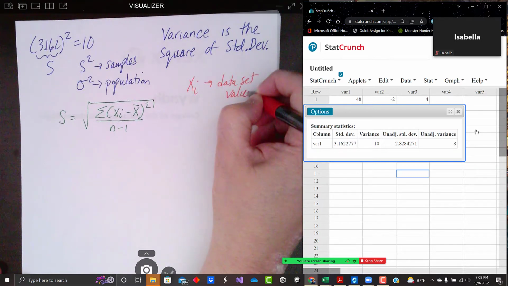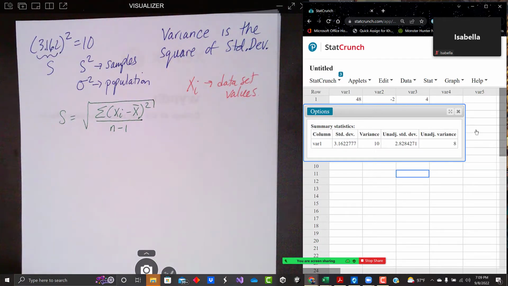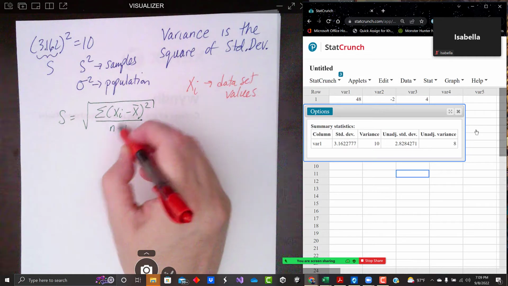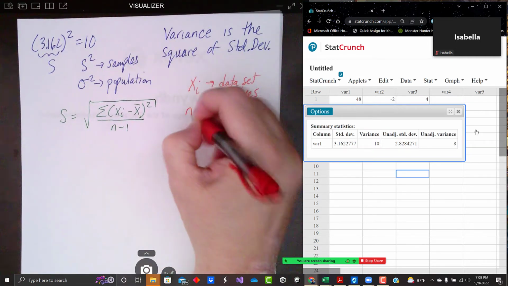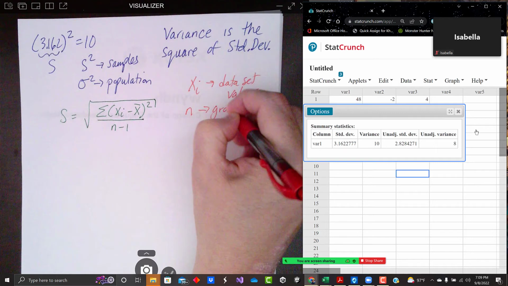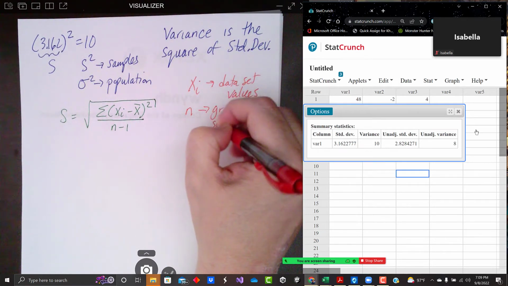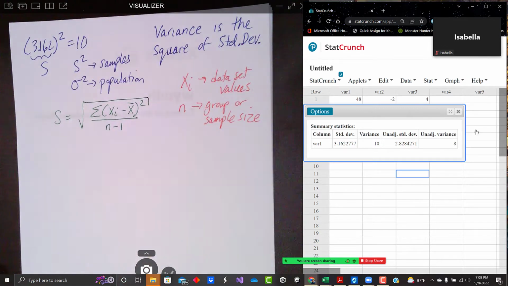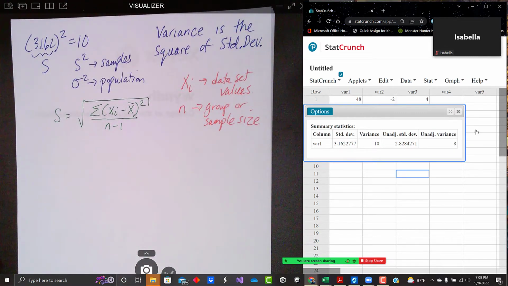So we need a data set, and that might seem like a no-brainer, but it's worth pointing out. You need values that have numbers in them. You can't calculate standard deviation of hair color unless we assign hair colors numerical values. These are numerical operations, so they take numbers. The other number we need is n. We need the group size. So those are the two things we need, and we need them for the mean also.